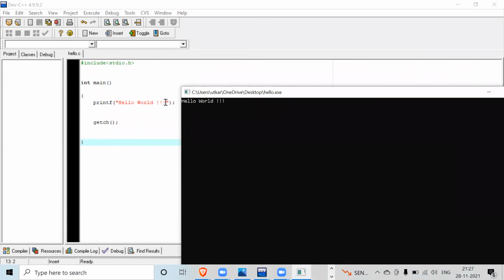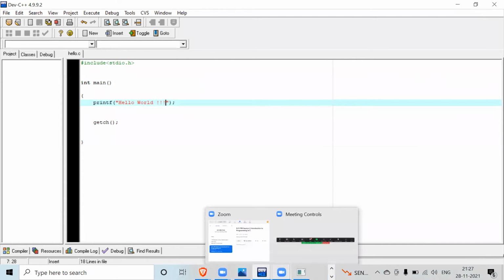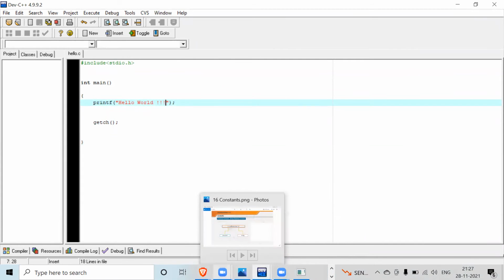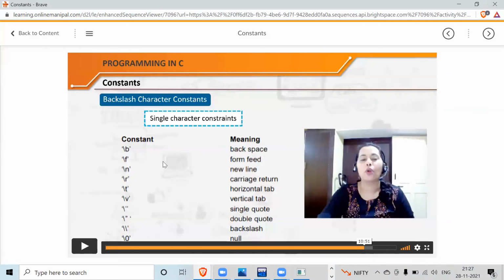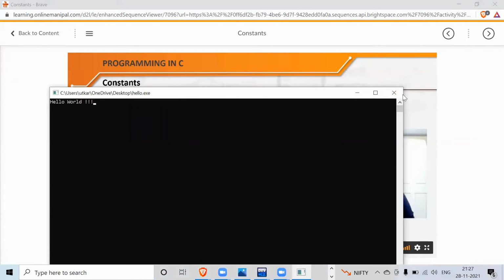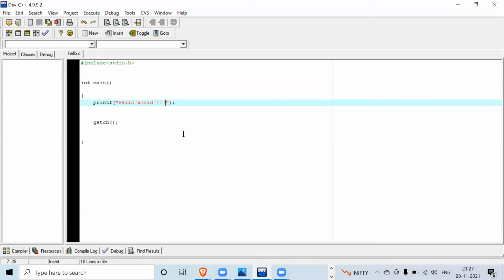Okay. Now we are going to see what the different escape characters do. We will just see now. So the first one is \b. We need to close this output before we compile and rerun the program. So we are going to use \b here.